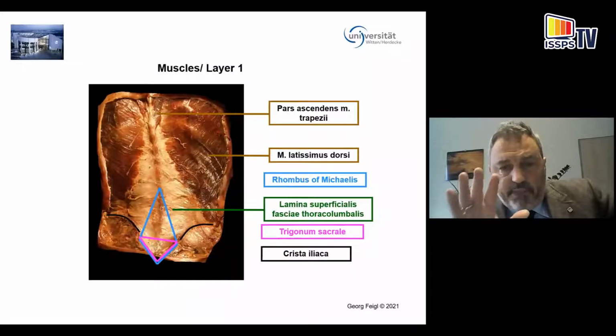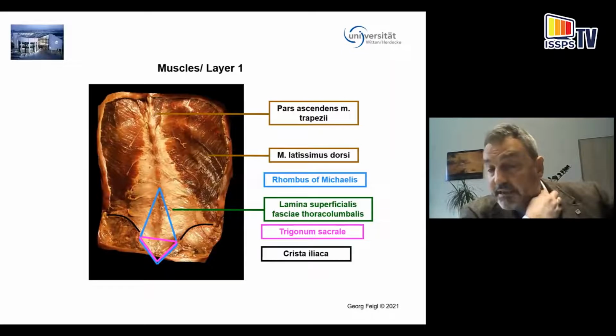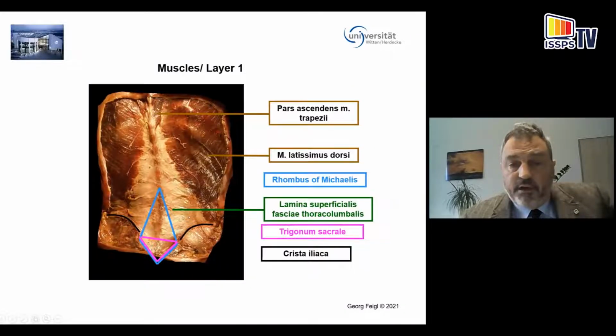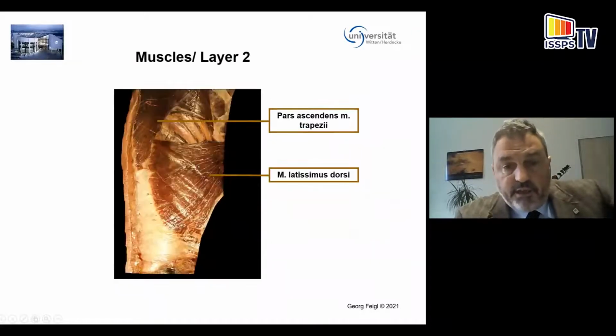Nevertheless, you get a muscular coverage. Again, you have different layers where you get the superficial fascia or lamina of the thoracolumbar fascia. Then you get over here the latissimus dorsi, as you can see it over here, this is the first layer.